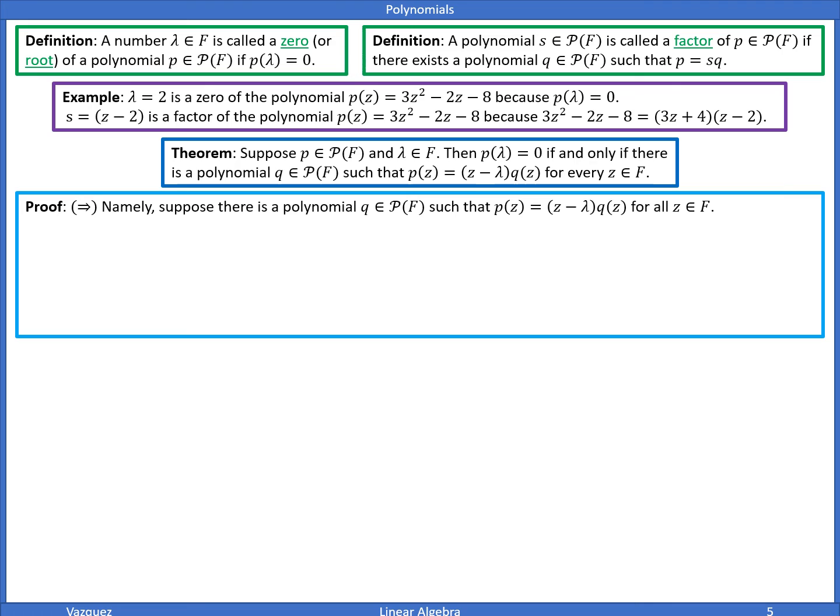So suppose there's a polynomial Q in P of F such that this is true. Well, then what happens if we plug in lambda for z? Well, this is going to be lambda minus lambda, right? So we're going to get P of lambda is equal to lambda minus lambda, which is just 0, times Q, which is 0, and we get one direction. We just proved one direction of the theorem.